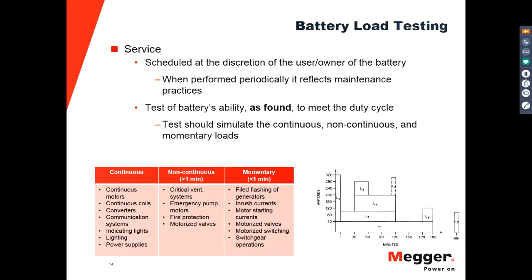And the table next to it shows the different loads that we would have to consider, and the battery is supposed to be able to meet those requirements. Whenever you have a permanent continuous load, it should be able to supply it. And whenever non-continuous or momentary loads are required from the battery, it should supply them, and that's what you're trying to achieve with that test.